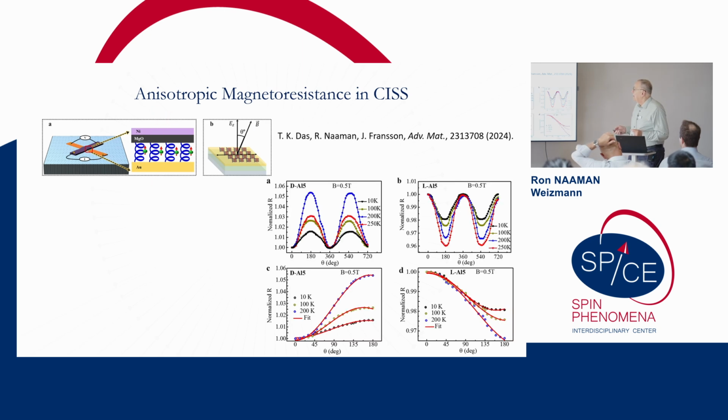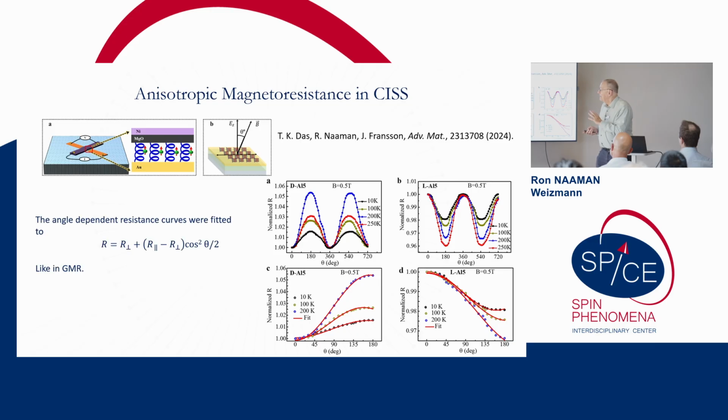And what we find is a cosine square distribution. Now, that's really surprising. Why? Because it means that the molecule behaves as a magnet in a sense. The molecules are sensitive to the direction of the spin.